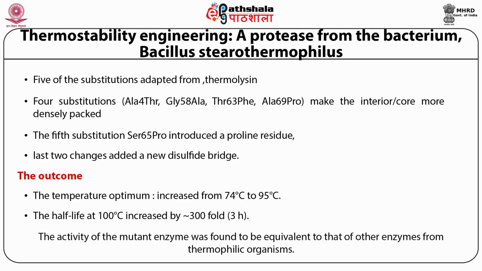And the activity of that mutant enzyme was found to be equivalent to that of enzymes from thermophilic organisms. So we are increasing the thermostability and the half-life, but at the same time the activity of the enzyme is not being affected, or rather it is being increased.